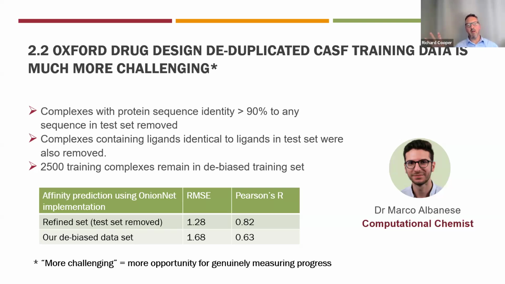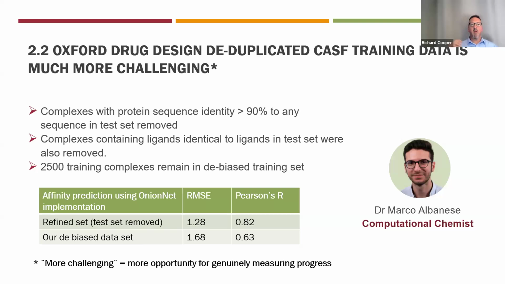So we kept the test set. Any training set data that were very similar to the test set were removed. Any with identical ligands were removed. That was just that small number of things with identical ligands. And we were left with just 2,500 training complexes, so down from about 4,500. We call this the debiased training set.